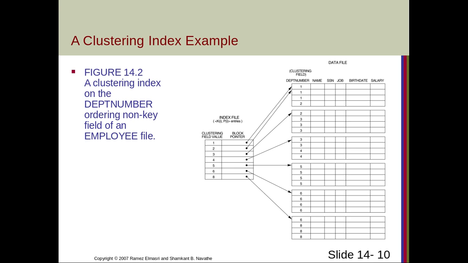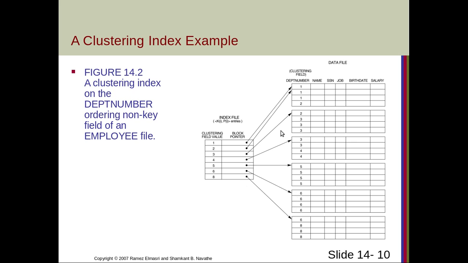Okay. 2 is also pointing to the first block, because the second cluster is also starting from the first block. The third cluster is starting from the second block. Fourth is starting from the third block. Fifth is starting from the fourth block. Sixth is starting from the next block, and 8 is starting from the next block.